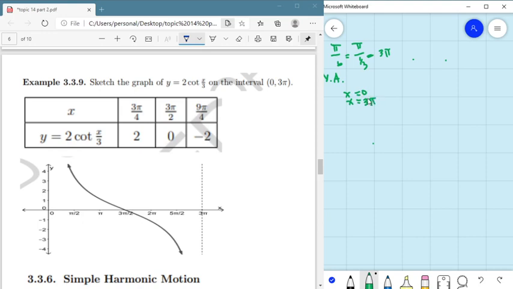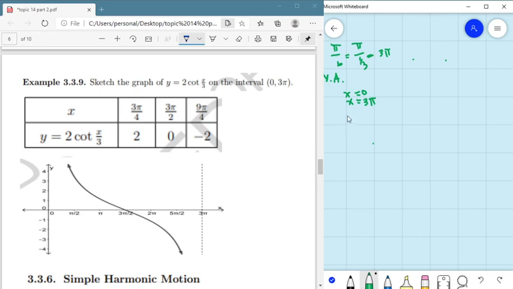Okay, refer to the formula given earlier in your book.